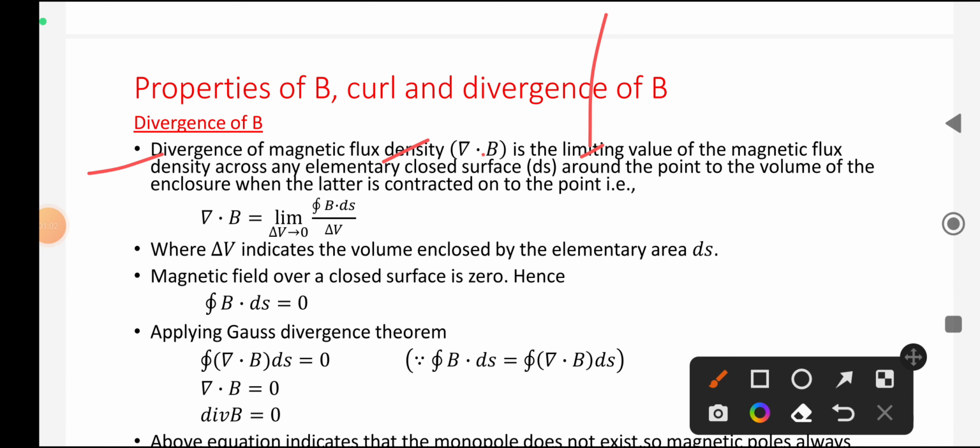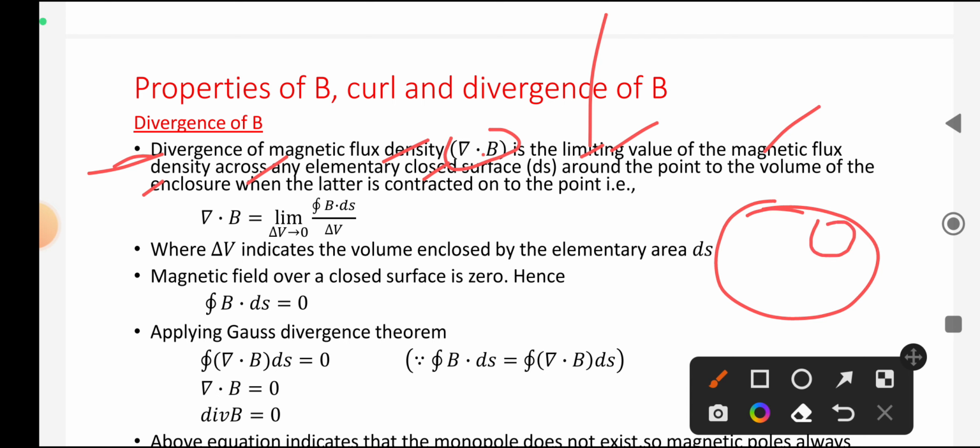Any elementary means any small closed surface, ds, around the point, to the volume of enclosure when the latter is contracted on that point.